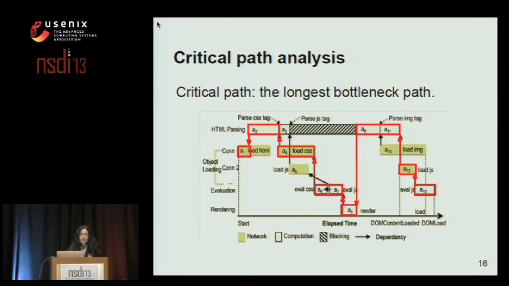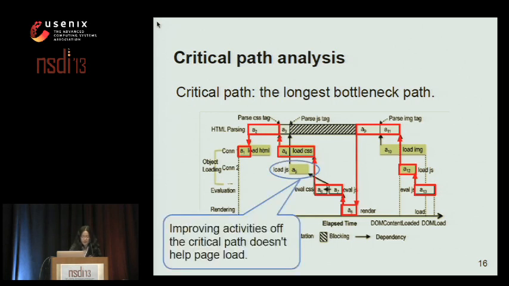A takeaway from the critical path is that for an activity that is not on the critical path, improving it does not help the page load time. An example here is loading this JavaScript. However, if we increase the time to load this JavaScript, the critical path can change. So the critical path is really persistent per page load, but the dependency graph is persistent per web page.